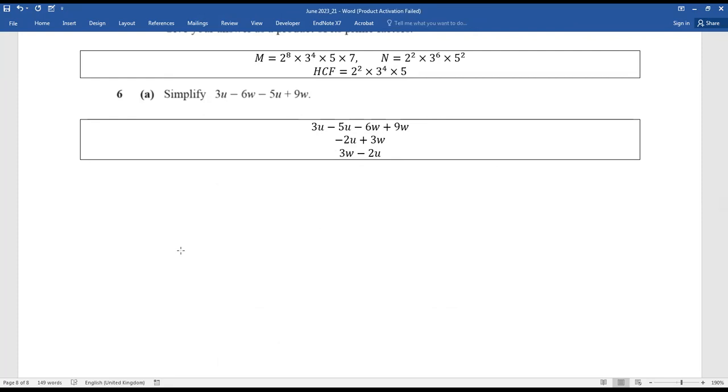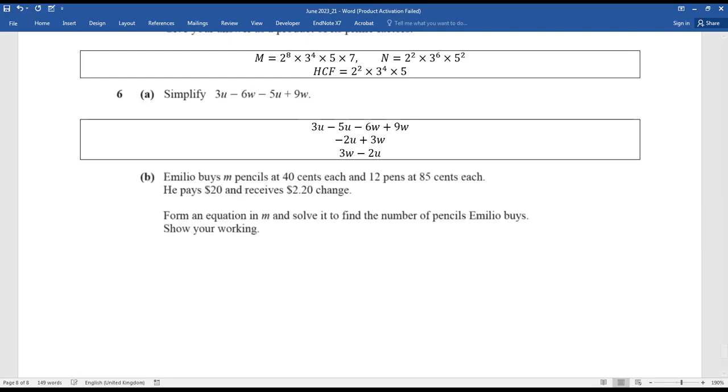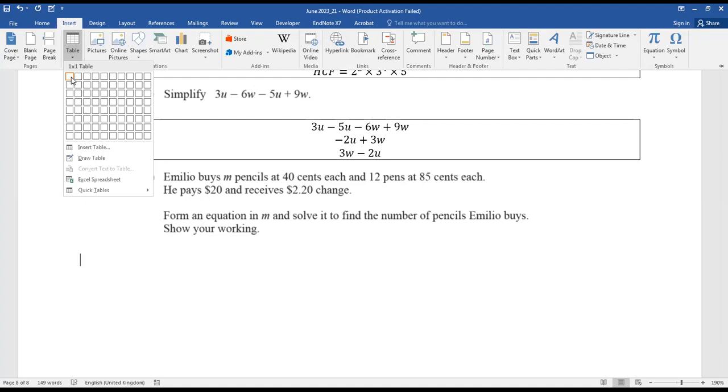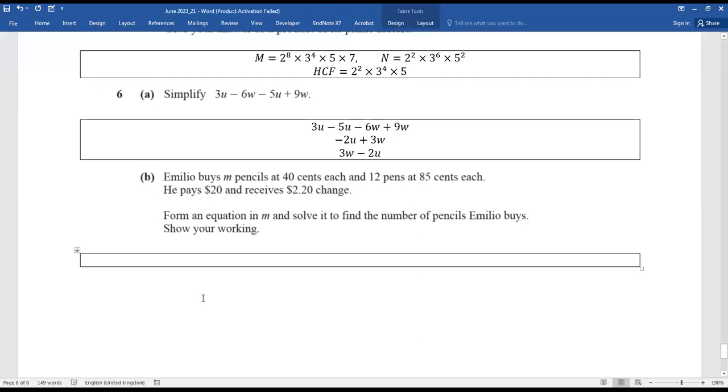Now part B says that Emilio buys M pencils at 40 cents each and 12 pens at 85 cents each. He pays $20 bills and receives $2.20 change. Form an equation in M and solve it to find the number of pencils that he bought.